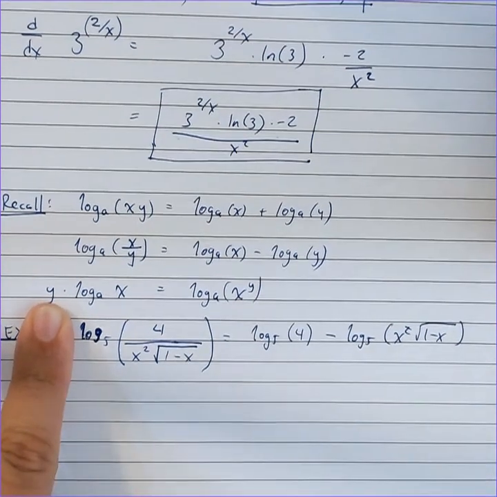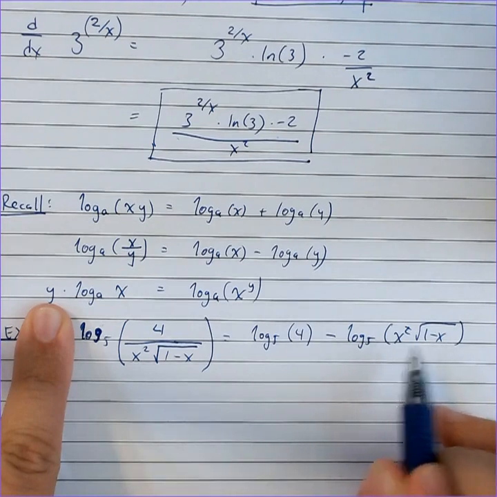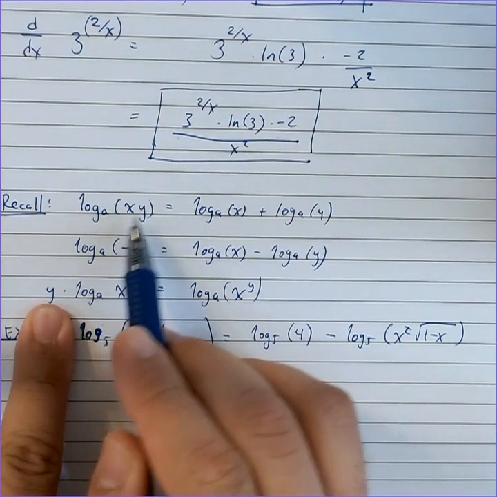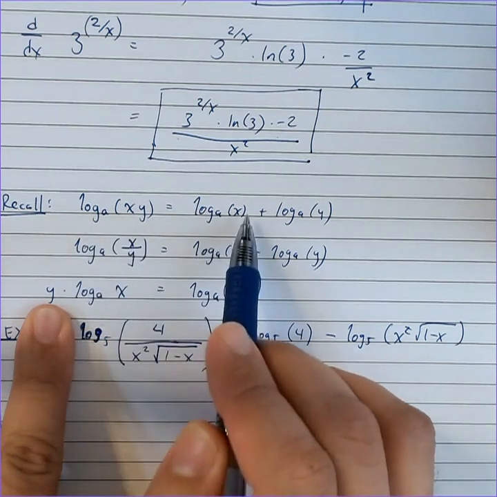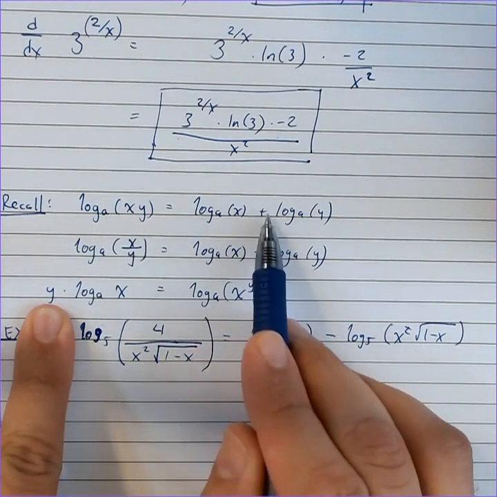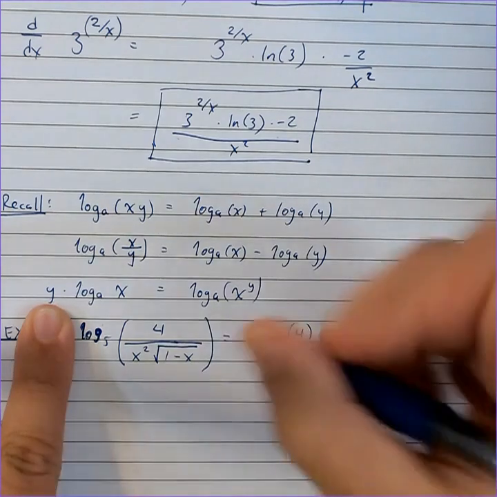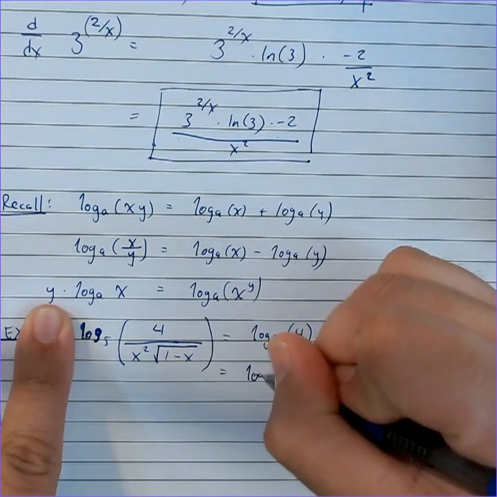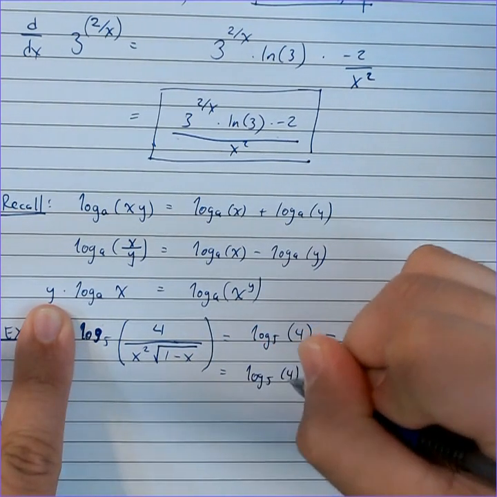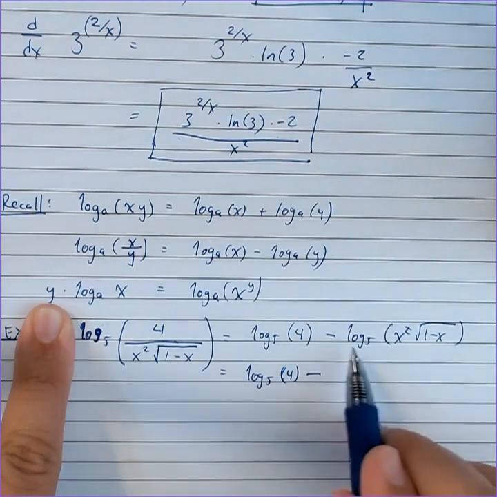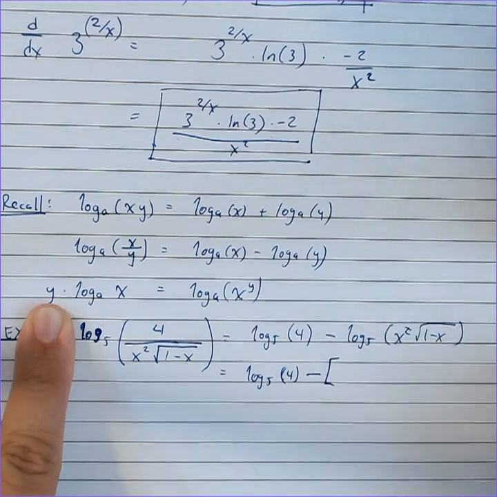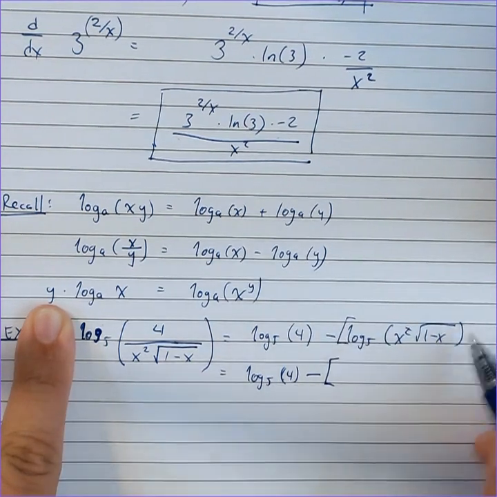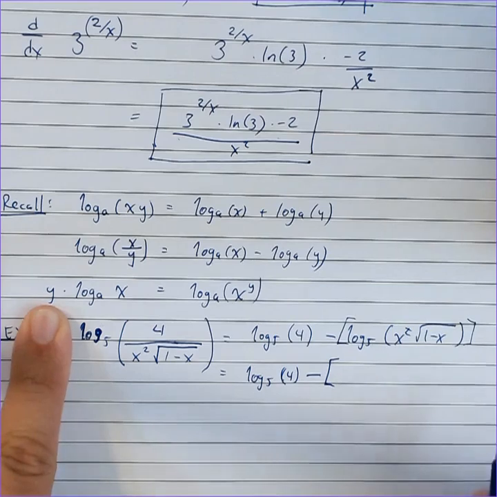Okay, so now at least I don't have to worry about the quotient rule anymore. There's no more fraction. Oh, but look, that product can be split up using this property. After all, the logarithm of a product is the logarithm of the first factor plus the logarithm of the second factor. So we can write this as log base 5 of 4 minus, here I'm going to go ahead and take this and separate it. Let me put that in brackets, just so we can highlight which came from what.